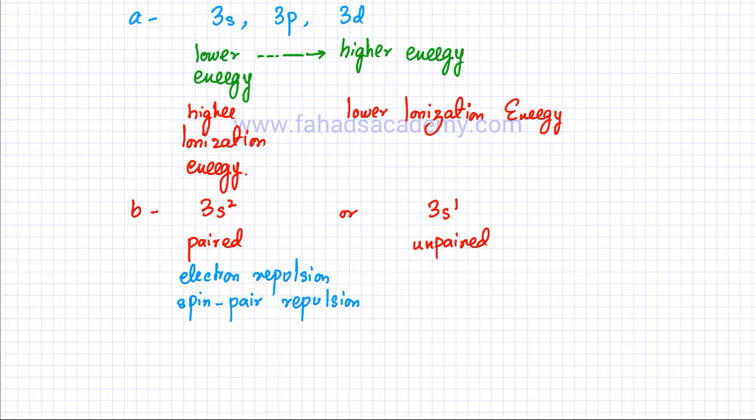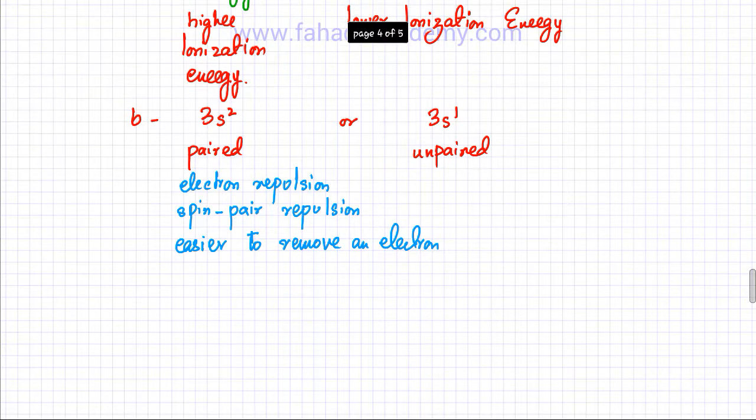Since they're repelling each other, it would be easier to remove an electron from the 3s2 orbital, or a paired orbital, because the other electron would be repelling it from the other side. Hence, removing an electron from a fully paired orbital is going to be easier, which means that it's going to have a lower ionization energy.